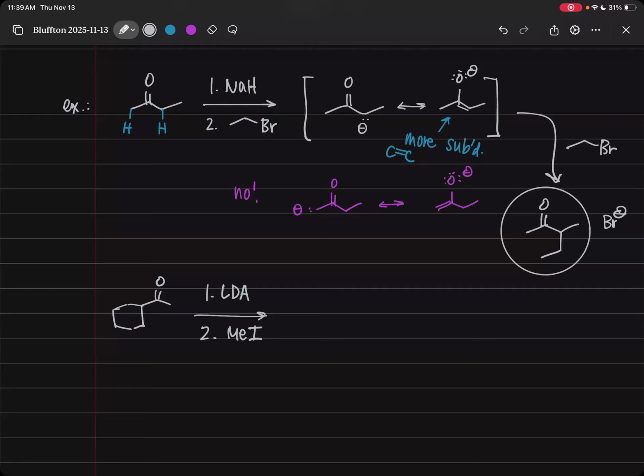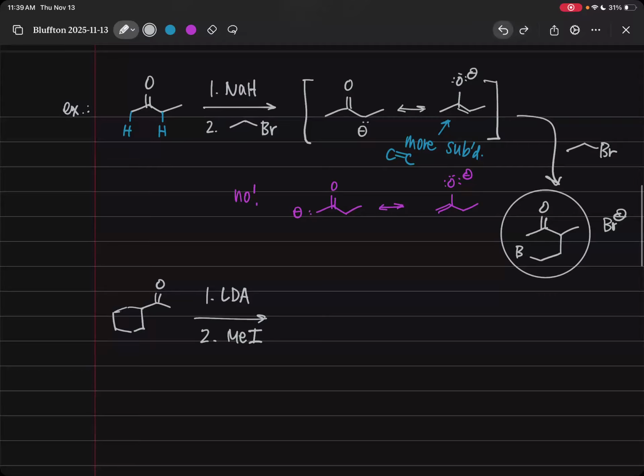Right answer, but forgot to take off the leaving group. Just put the bromine here or something, left it on the ethyl group. I would judge you. I would certainly take off some points.